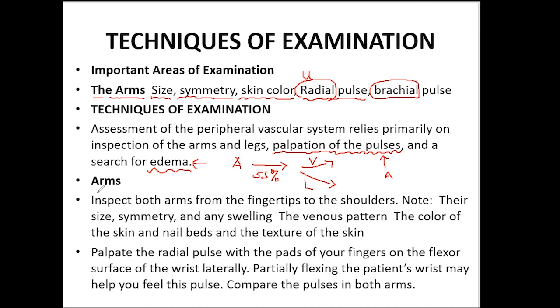For inspection of the arm, we look from the fingers to the shoulders. We look at both sides, the same. And we look for whether swelling is somewhere. And sometimes we can see the veins. We see if the veins have some changes. And also we look at the color of the skin.